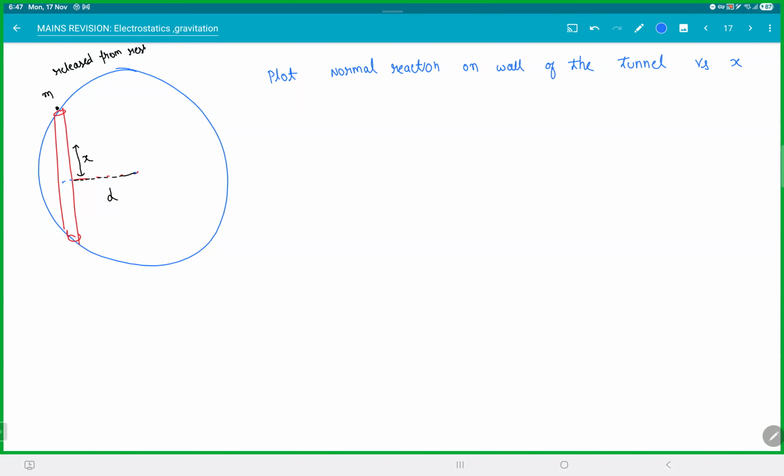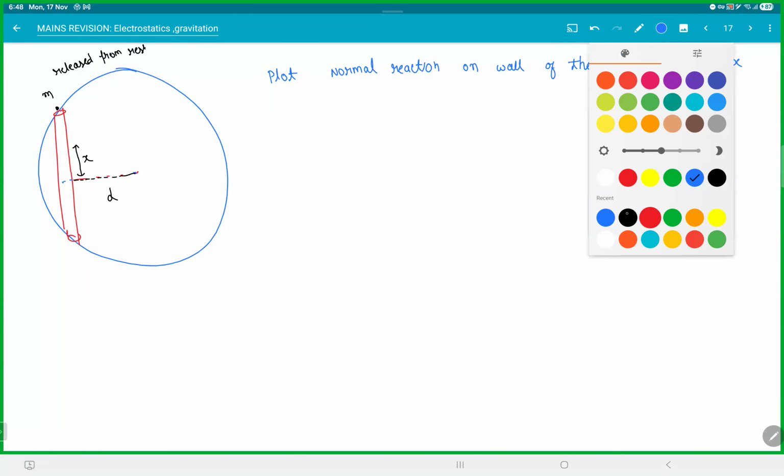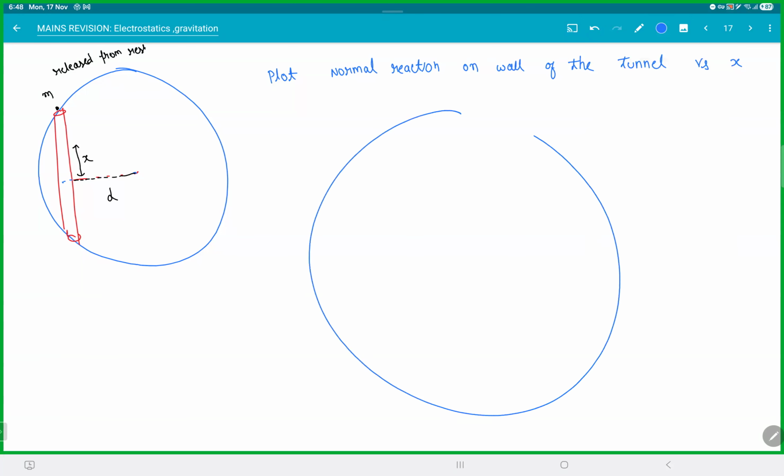Right, Vihan. Right, so if you do remember, it's constant. So when you dig the tunnel like this, let's say when the particle is here, what are the forces acting on this?